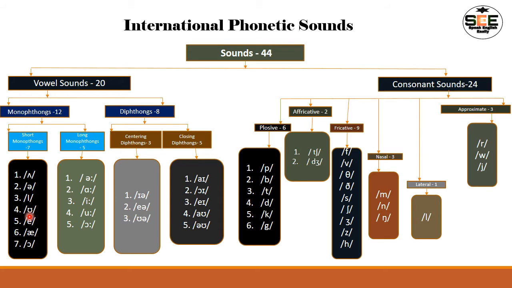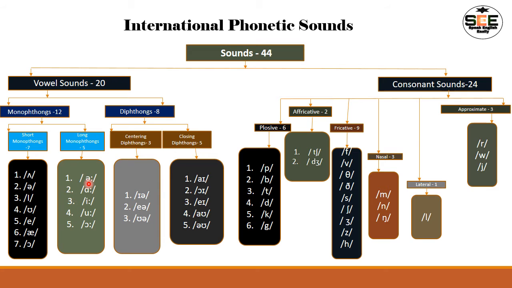Number four, it is u, short u. Number five, it is a, short a sound, and number six, yeah. Number seven, it is o sound, short o. So these were the seven short monophthongs.